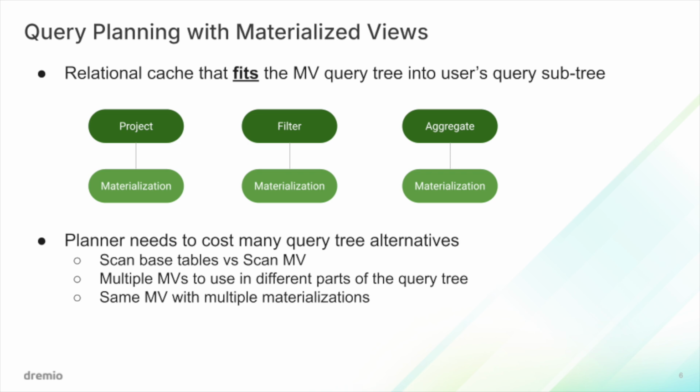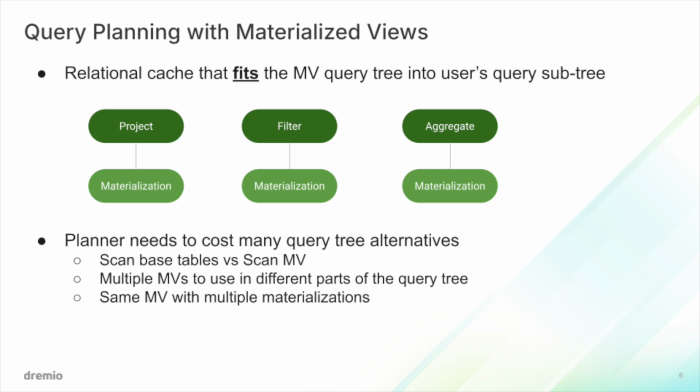Now, typically, the queries that we look at in Dremio are very complicated. They have maybe hundreds of views and hundreds of tables inside there. And so there are going to be MVs that match in many parts of the query subtree, and we have to figure out which one is the right one to use in the final query plan. Another thing I can point out is that even the same MV could have multiple materializations.